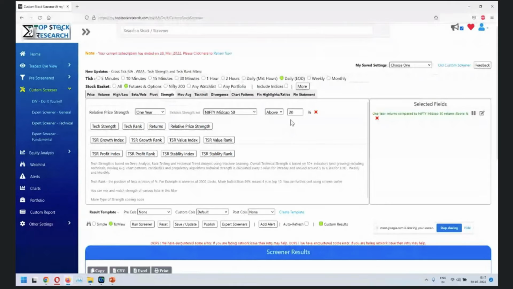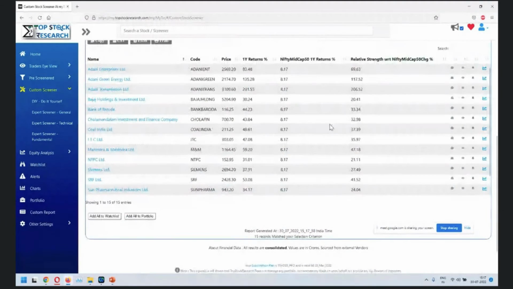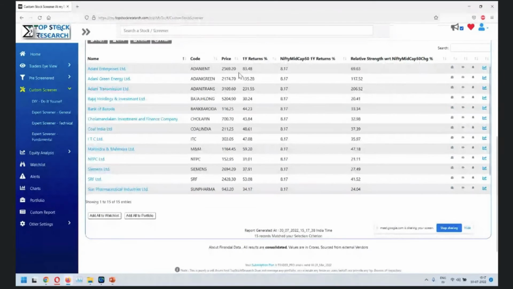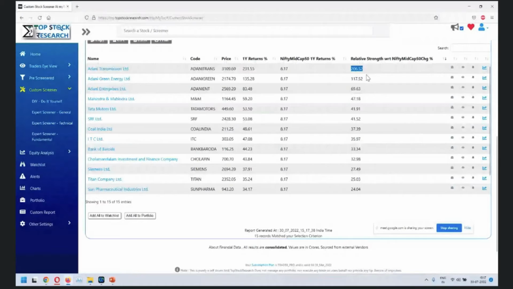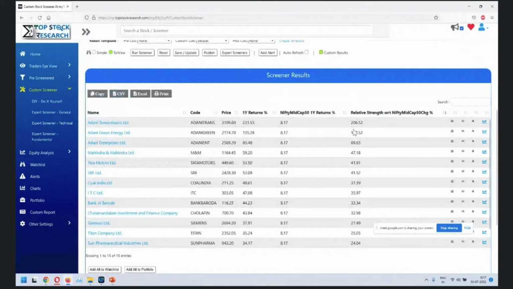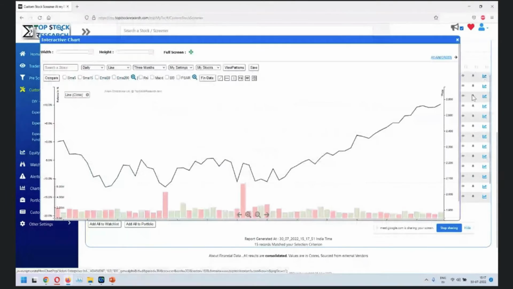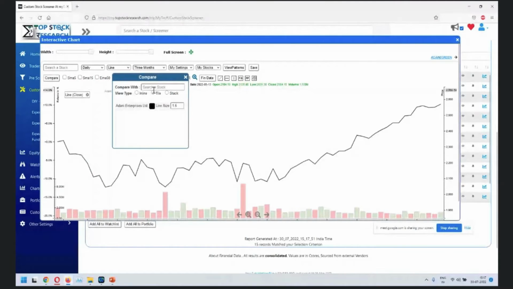Greater than 20%. So run the screen. So this is where it is giving you better returns than Nifty Midcap by at least 20%. If you see, the best performer here is Adani Transmission again.